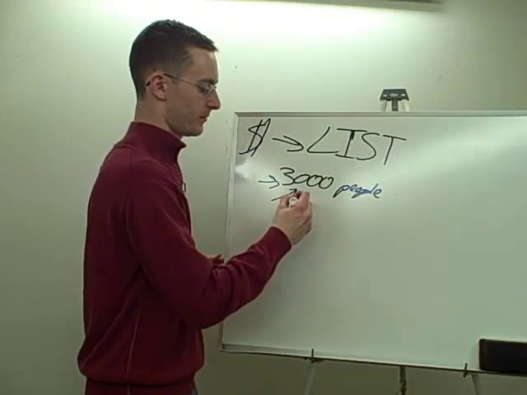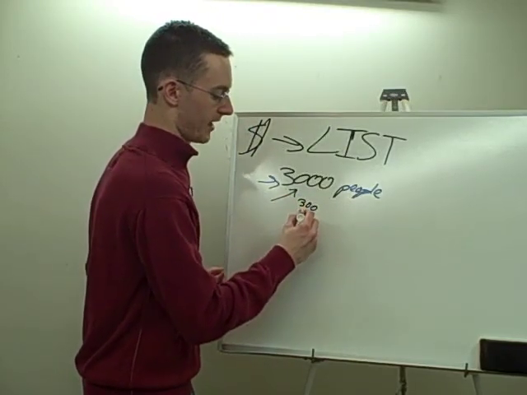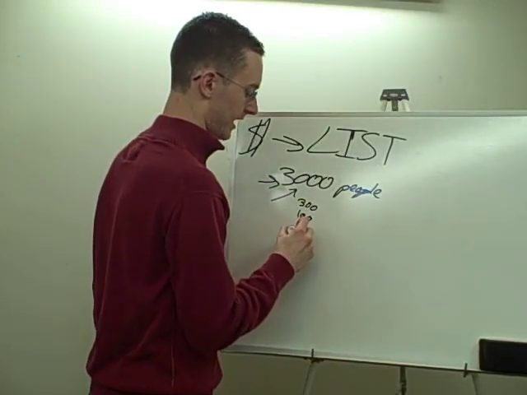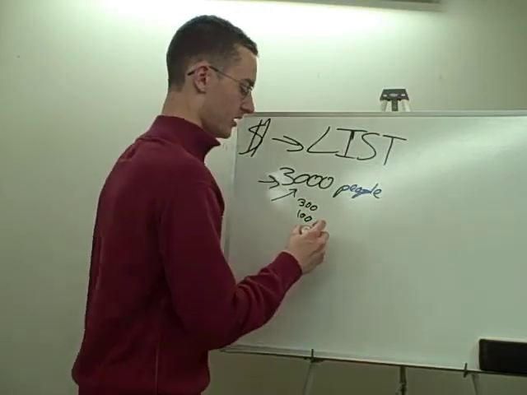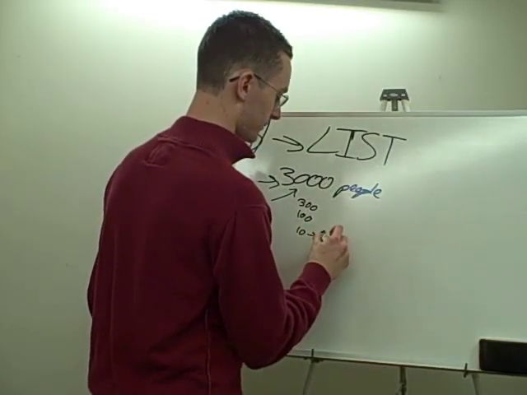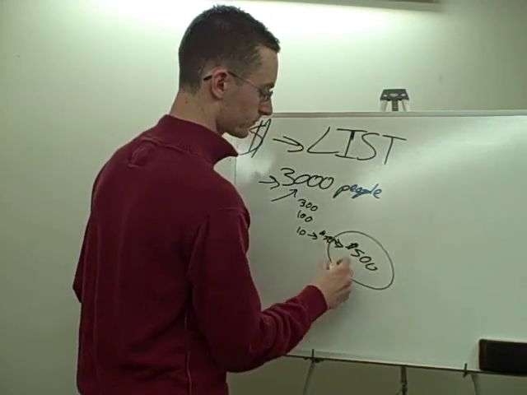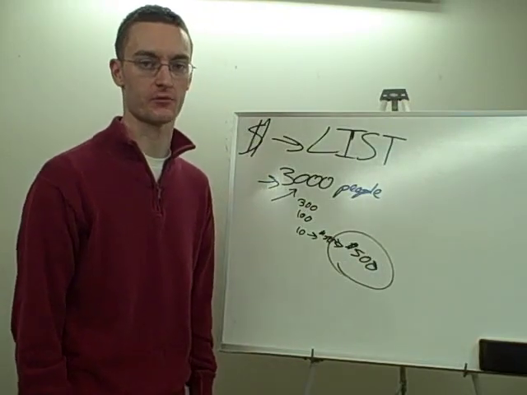Out of those 3,000 people, only 300 of them open up the email, only 100 of them click through to that website, and maybe only 10 of them buy something. But when those 10 people buy something, you make a commission of, let's say, 50 bucks. So what did you do? You just made 500 bucks by sending out an email that maybe took you 10 or 15 minutes to write.